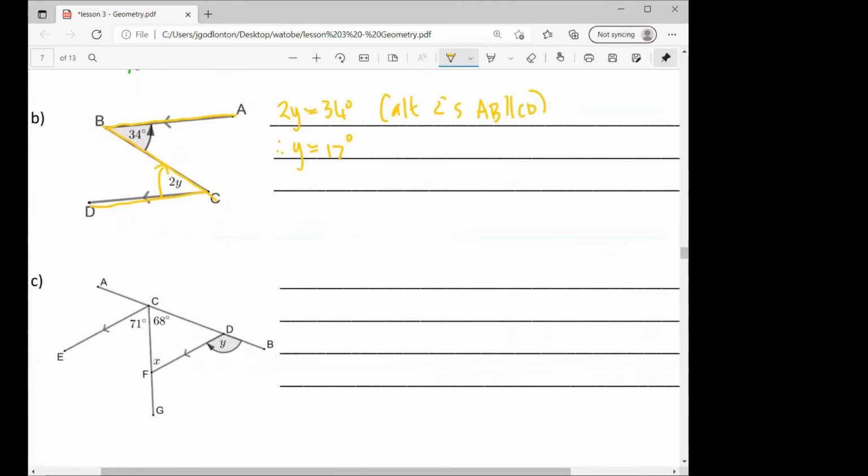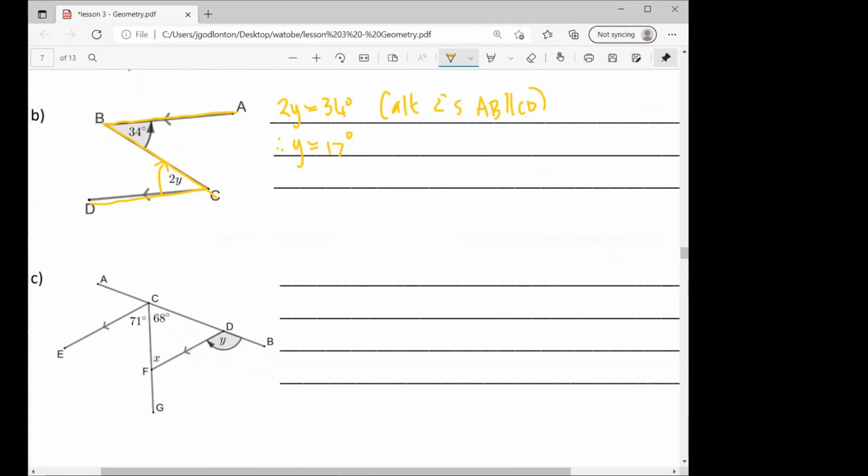I know I'm being a bit nasty, but I want you to give this one a try. You're going to need both of the things that we have learned for this one.